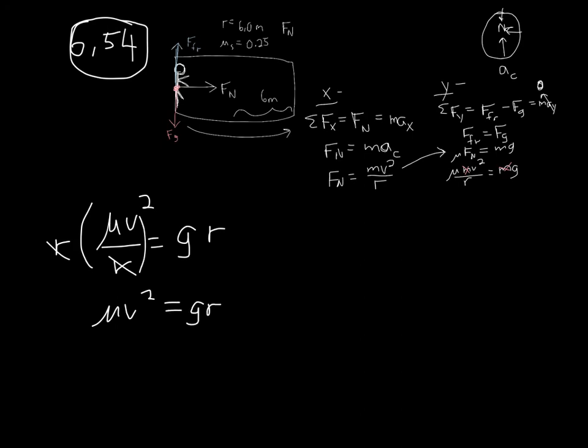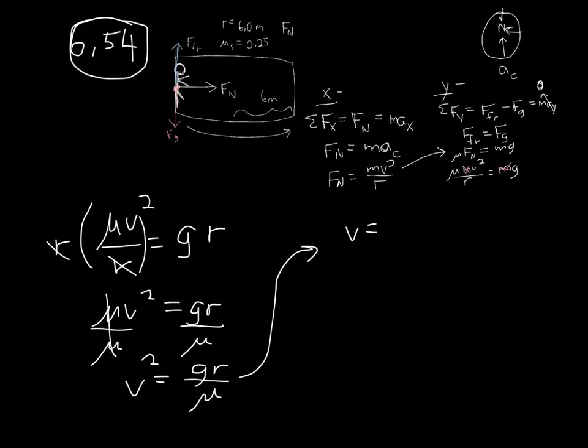Divide both sides by mu. I get v squared equals g times r over mu. Take the square root of both sides. I get v equals the square root of g times r divided by mu.